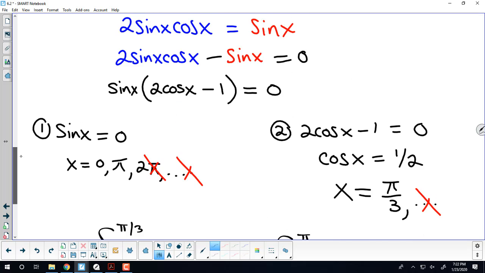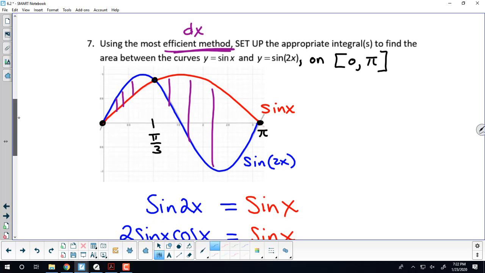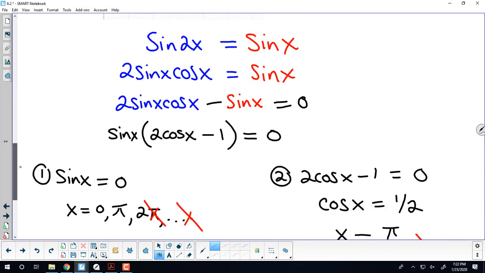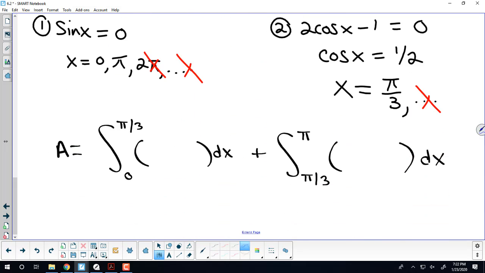Okay, so what do we label these as? So 2 sine minus sine. This one. And then the other way around here.